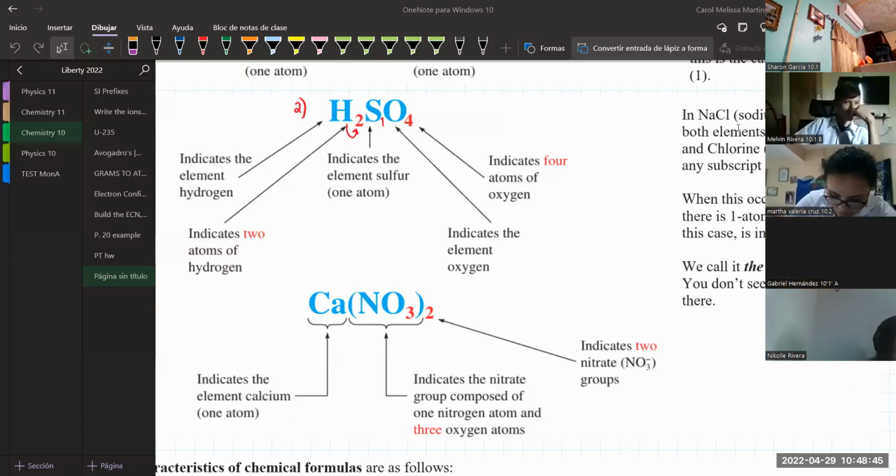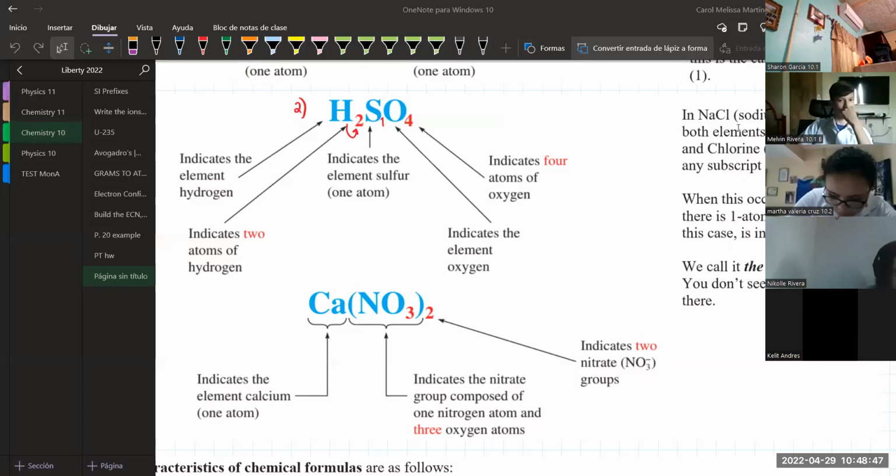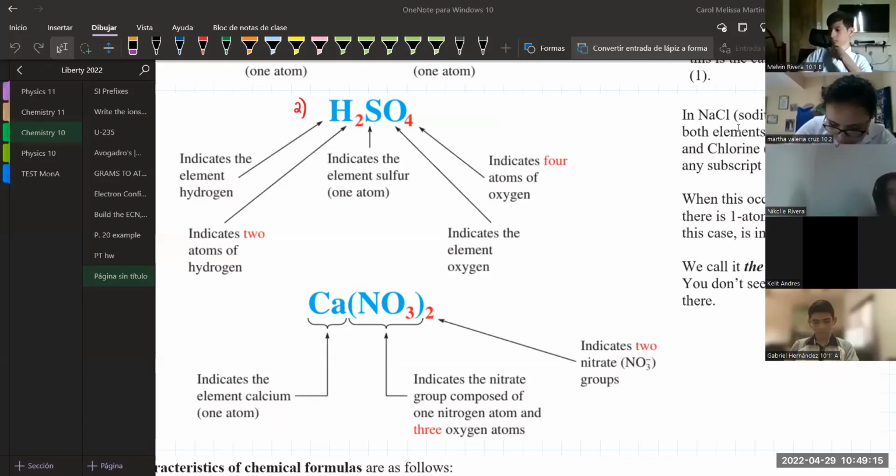And oxygen then is going to contain how many atoms? 4. So this is how you read a chemical formula, okay? You see the element and you see the subscript. The subscript indicates the number of atoms of the elements that are in a compound. So the H is hydrogen, the S is sulfur, okay?